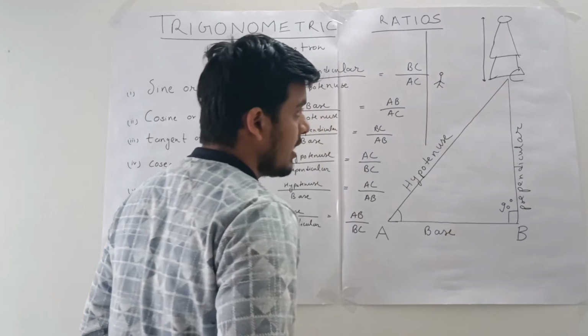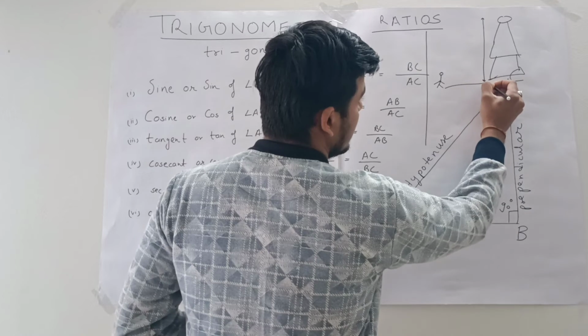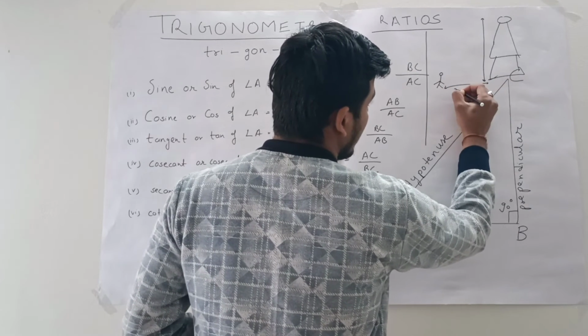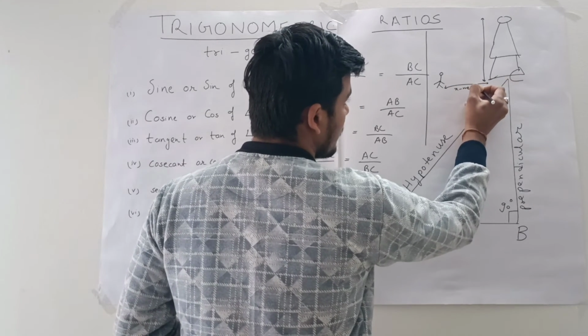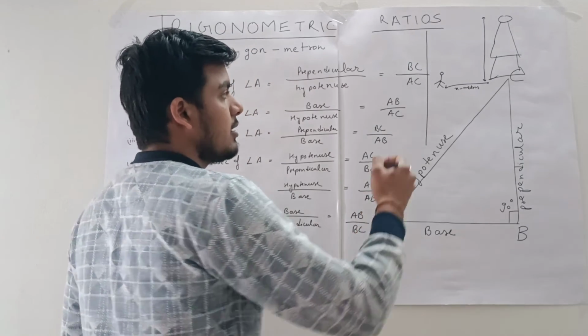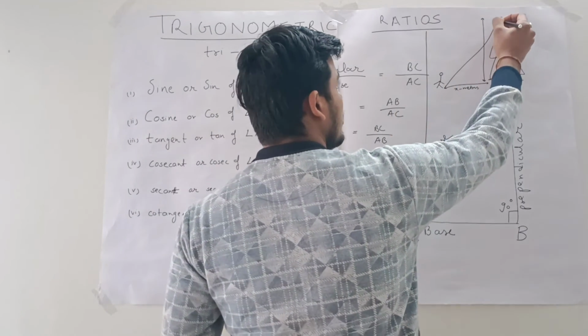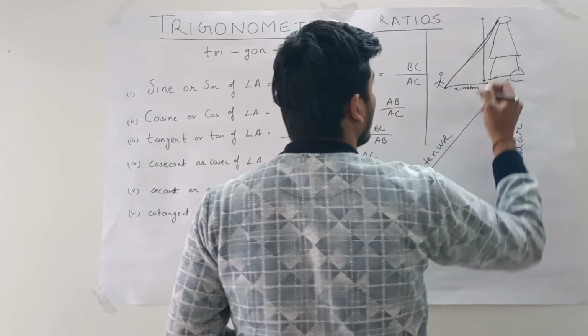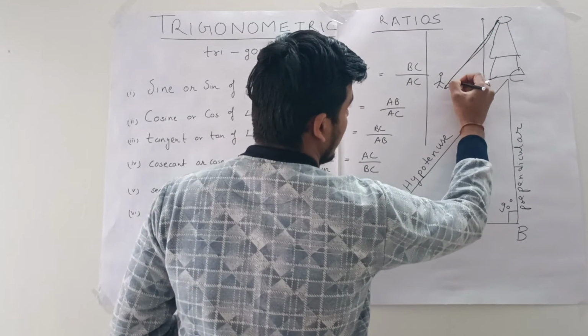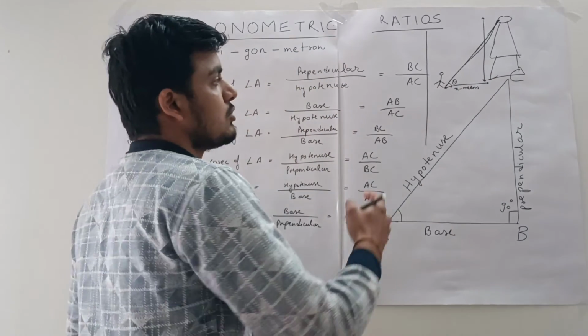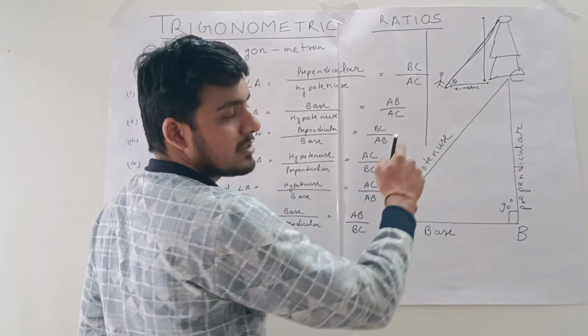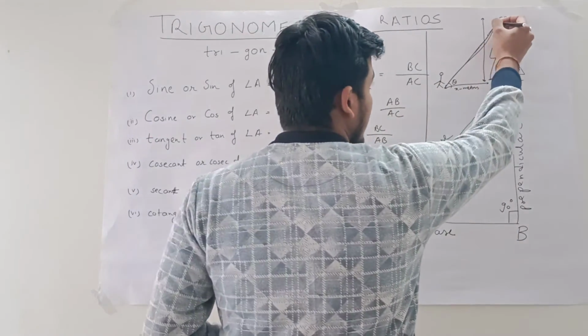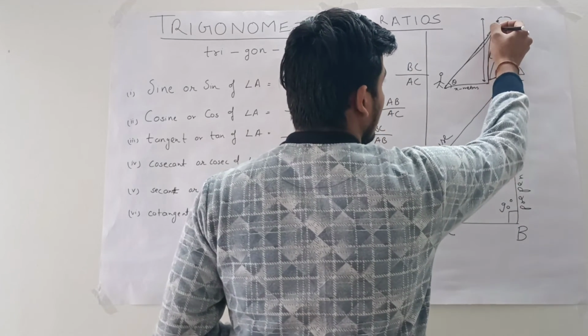So an easier way to calculate this is that you stand there, and you know the distance between you and the Qutub Minar, let's say it's x meters, and we know the angle it is making with the top of the Qutub Minar, let's say angle theta. So if we know the angle and the distance, we can easily calculate the length of the Qutub Minar.